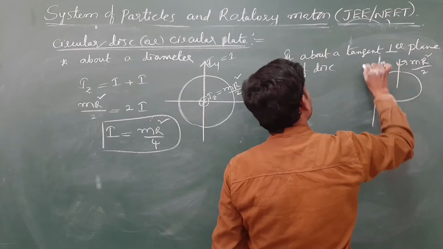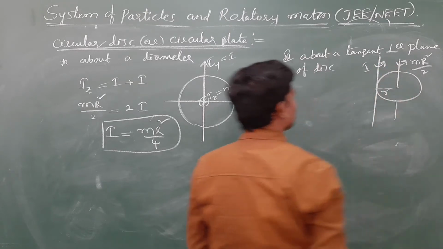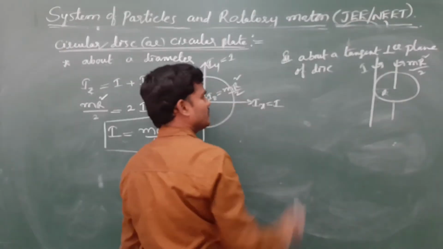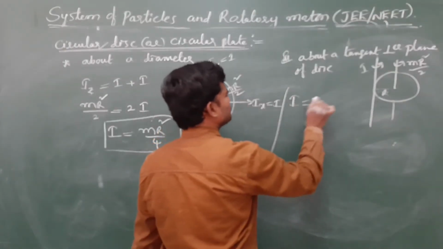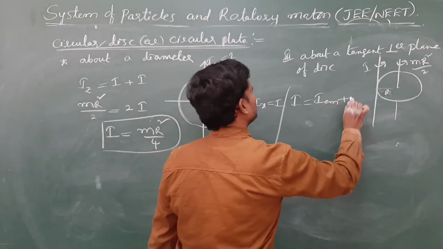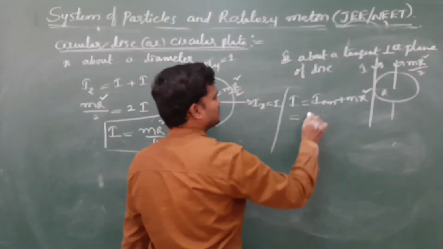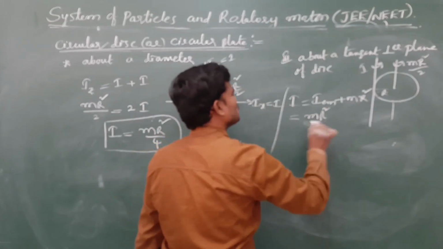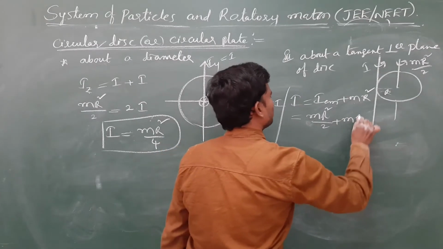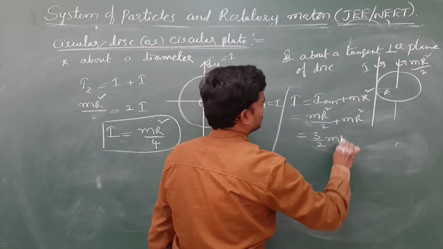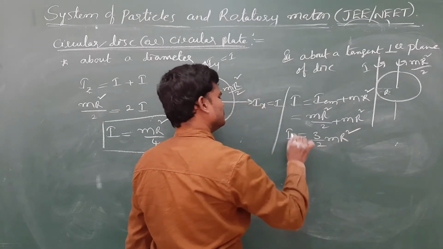This gap is r, capital R, that's not a problem. Use the parallel axis theorem: ICM plus m into gap square. The gap is r, so m r square by 2 plus m r square gives 3 by 2 m r square.